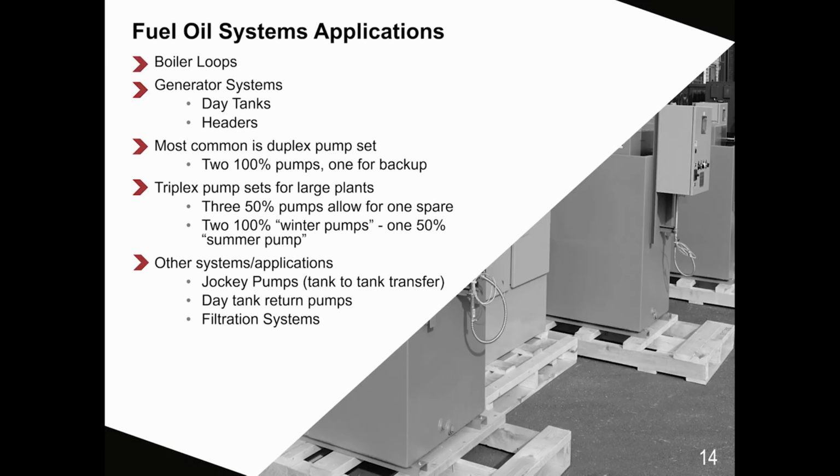Other types of systems are triplex pump skids or jockey pumps, where there may be a farm of oil tanks, and they like to move the oil around. There are return pumps, and there are filtration systems with oil pumps. And one caveat regarding day tank return pumps: they are not allowed for use in New York City.